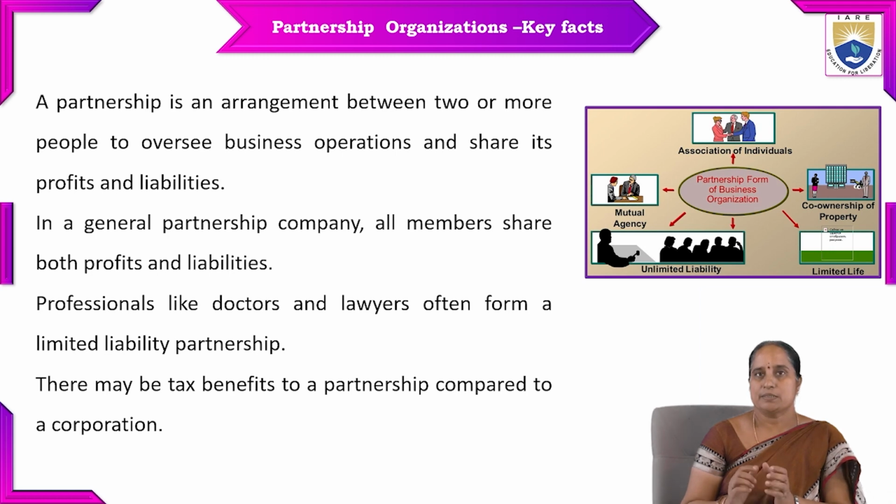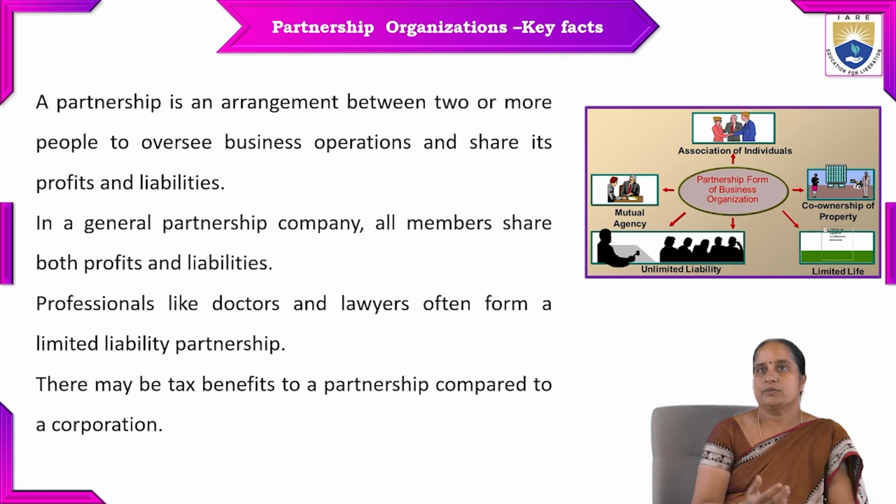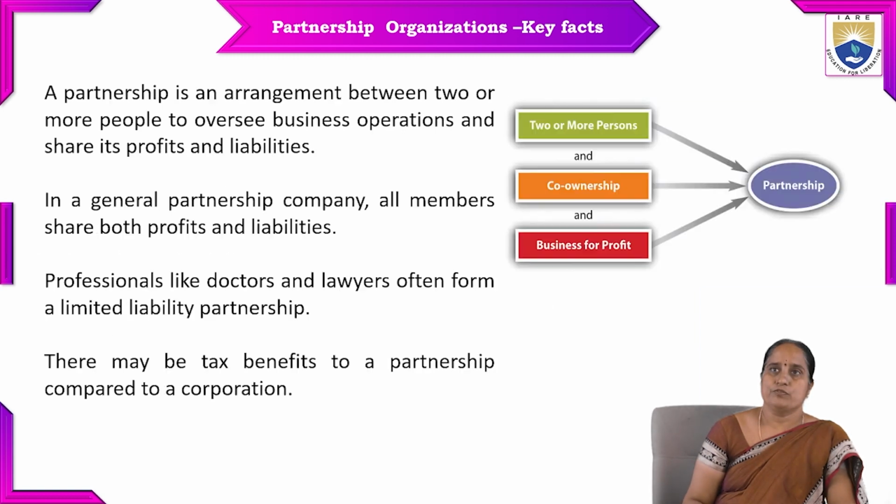There may be tax benefits to a partnership compared to a corporation. If you see the diagram, you can see association of individuals, co-ownership of property, a limited life for a partnership firm, and unlimited liability and mutual agency. All those things we can see as a part of partnership firms.